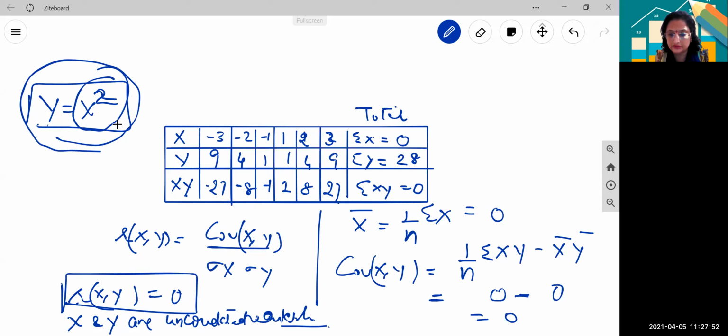So the converse of the theorem states that two uncorrelated variables may not be independent. rxy is equal to 0 means the variables are uncorrelated. It doesn't mean they are independent because there is a curvilinear relation between the two variables. If a linear relation comes, then we will say so, but here what relation is coming? Curvilinear relation, right? So we will do one more example of this kind.